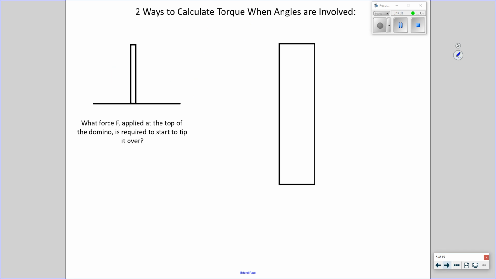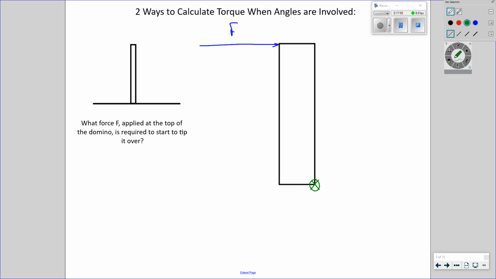Here's a different situation in which we have a domino, and there's a force F applied right here at the top, and we're going to start to tip it over. When this domino starts to tip over, it's going to start to rotate about that point.